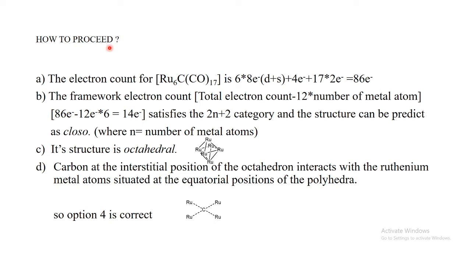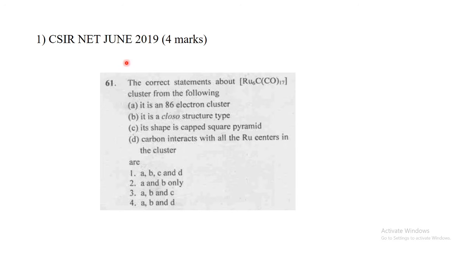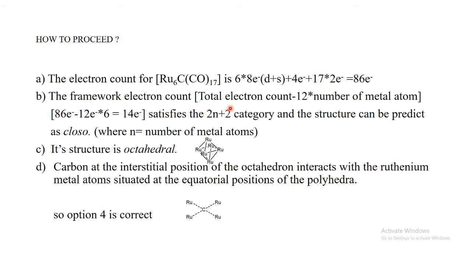So, how do we proceed to solve this question? In the question, the first statement given is it is an 86 electron cluster. So, first of all, our job is to count the electrons, that is the total number of electrons for the ruthenium organometallic complex.